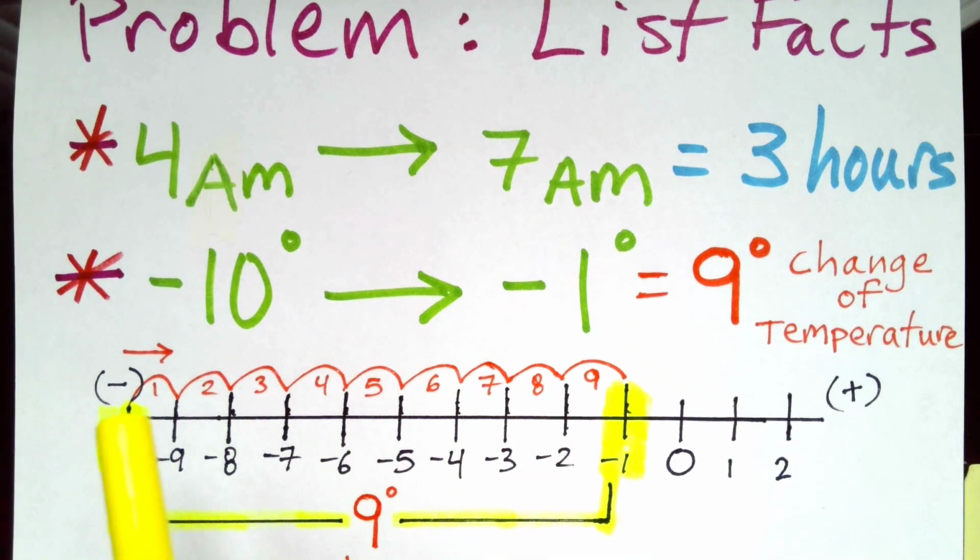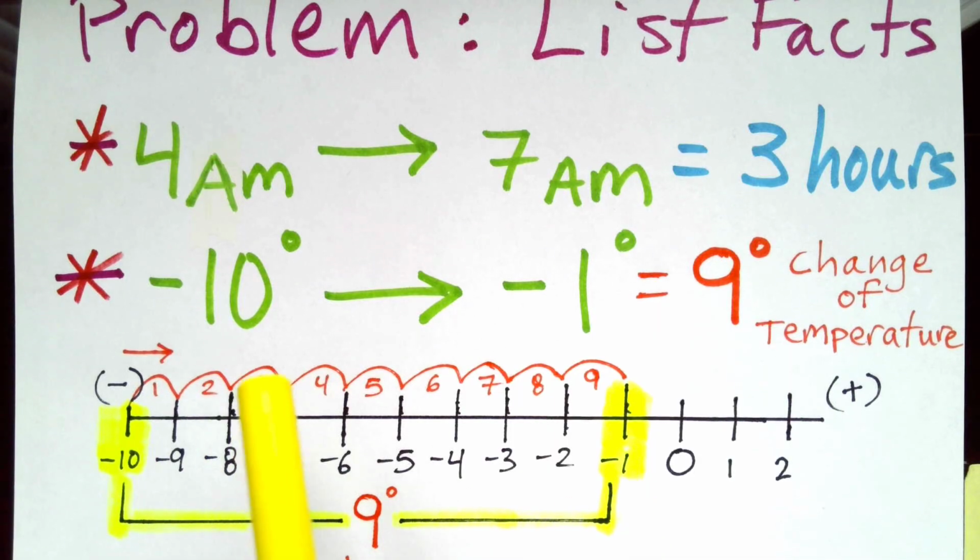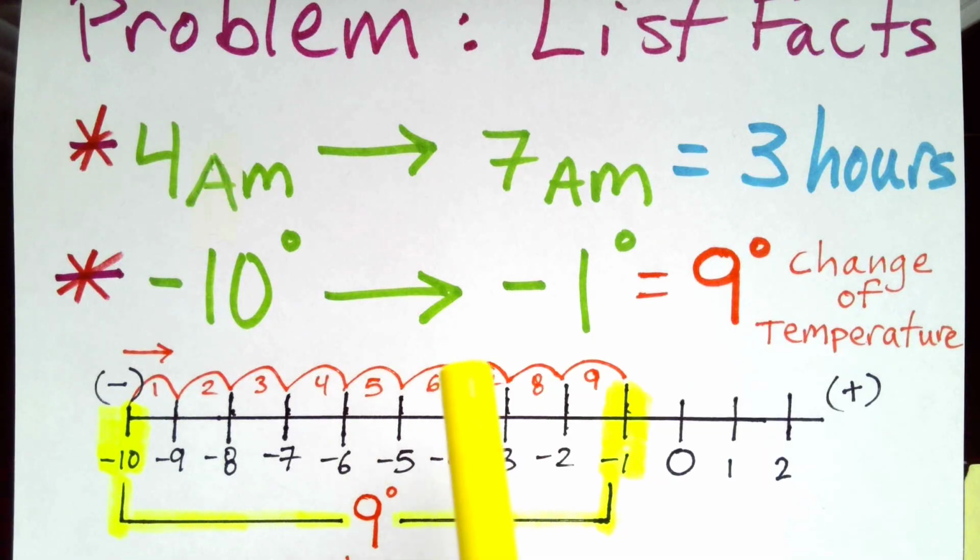How many times did I move the value? I moved it 9 times. So from -10, I have 1, 2, 3, 4, 5, 6, 7, 8, 9 changes of temperature to get to -1. That's how I came up with this 9 value.